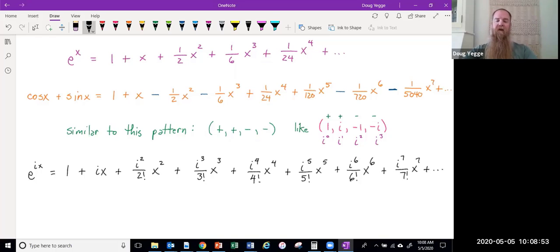But you should recognize that anytime I've got an odd power of i, notice that it simplifies to be an imaginary number. Anytime I have an even power of i, it simplifies to become a real number. So with that said, that must mean that each of these values, when I start to simplify, are going to become 1 plus ix.